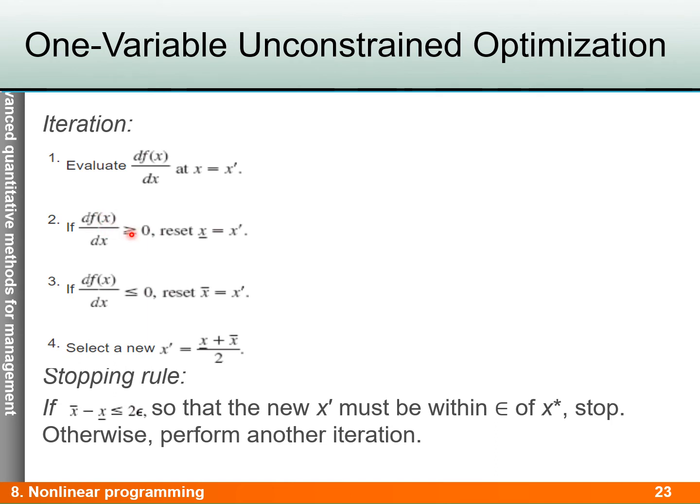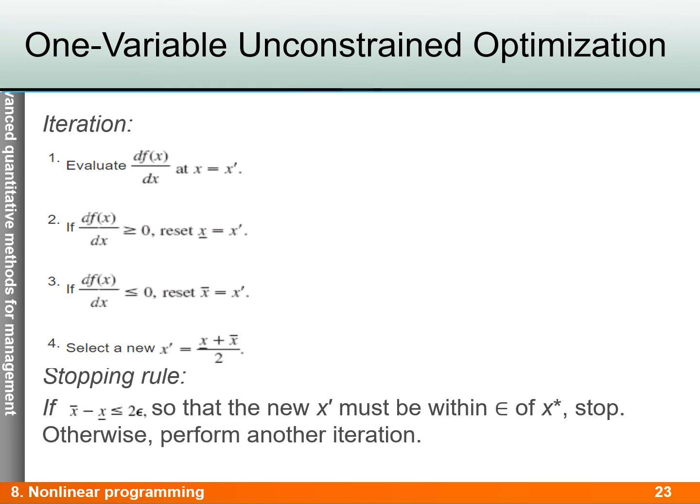If this derivative is greater than or equal to 0, we need to reset our bound and put the current x prime as our x bar down. Vice versa, if it's less than or equal to 0, we need to reset and put our upper bound equal to the current x prime. What happens here? Guys, we are making our range of possible values for our problem smaller and smaller.